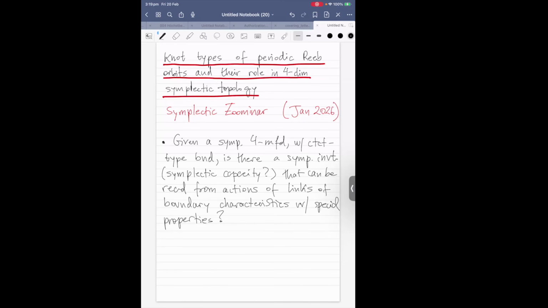Today I will explain a couple of results which say that yes, there is at least one example of such a symplectic capacity. And I think it would be interesting to have some kind of Floer theory that would be filtered by the knot type or link type of periodic orbits.